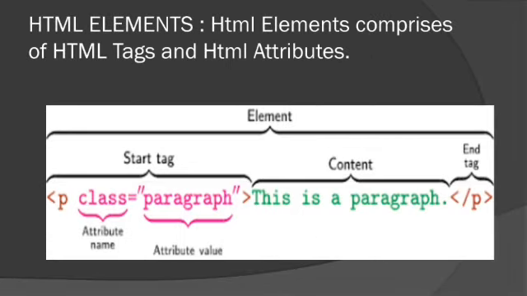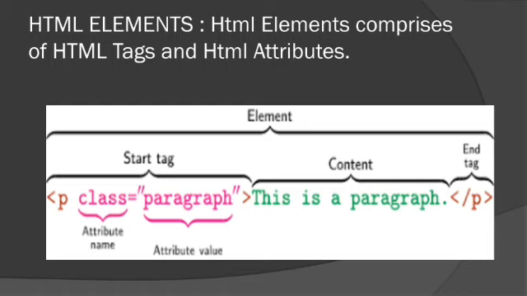Now let's discuss the HTML elements. HTML elements comprise the HTML tags and the HTML attributes. Now in this figure we can see the HTML element. So an HTML element has the start tag, the content, and the end tag.